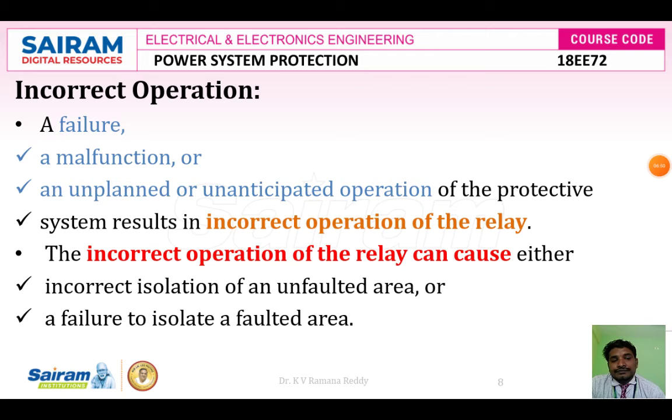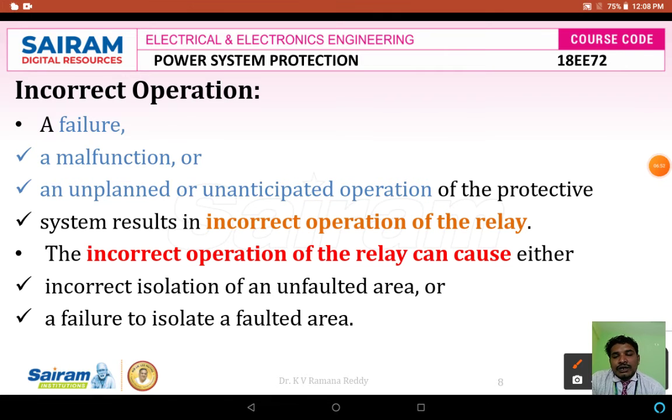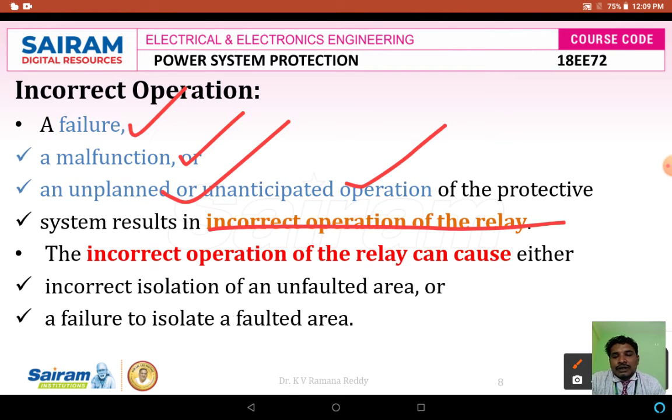Therefore, the incorrect operation of the relay is because either a fault or failure has taken place, or it is a misoperation, or an unplanned or unanticipated operation. The incorrect operation of the relay can cause incorrect isolation of an unfaulted area, where an unfaulted area is isolated from another unfaulted area, or the failure to isolate a faulted area.